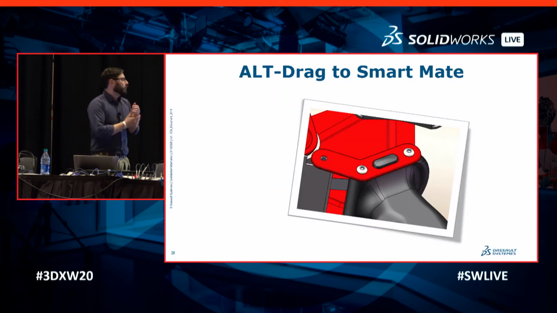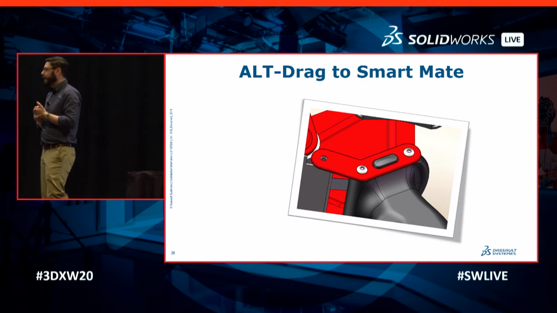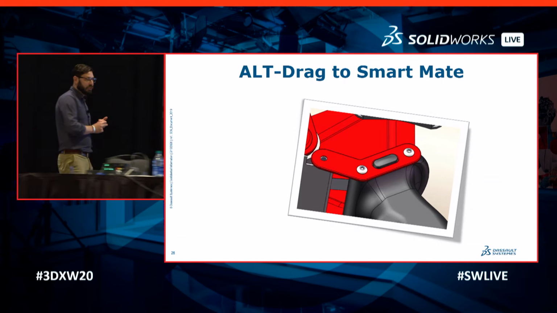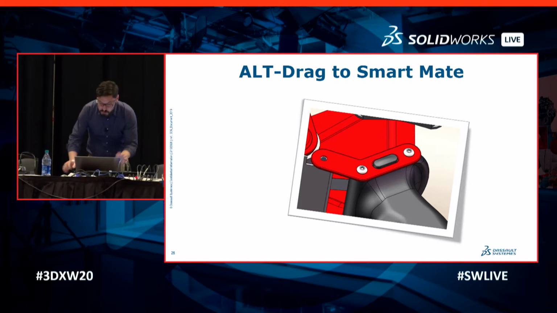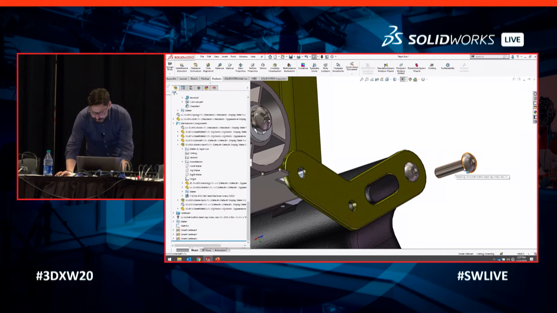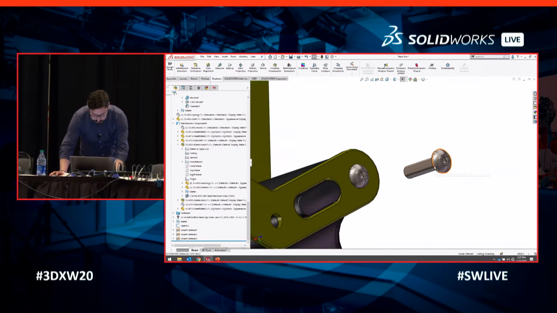Now, Alt drag. If you hold Alt and drag the part, it will snap whatever you're dragging to another object using mates. It's called a smart mate. It can be tricky to grab the right edge, so I'm going to grab this edge here. Let me zoom in a little bit. We'll use the top one today.